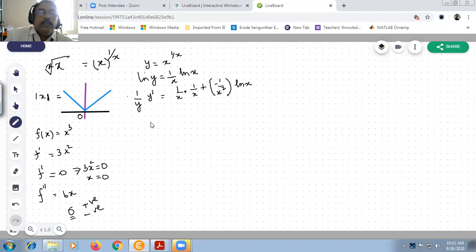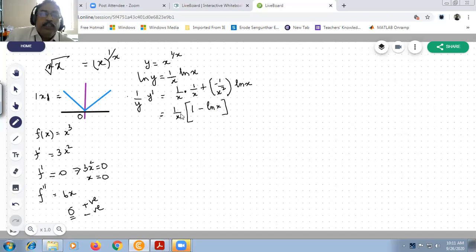So you take 1 by x square as a common factor outside the bracket, we see 1 minus ln x.